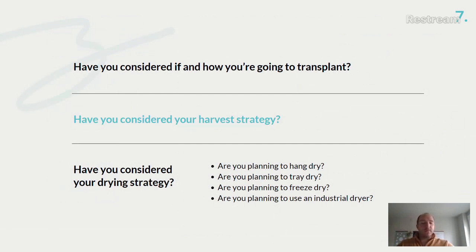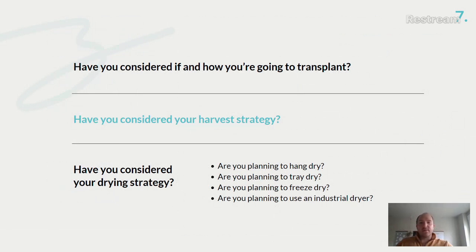If you're going to have certain strains that are harvested at 8 weeks and others that are going to be harvested at 10 weeks, and you're going to grow those in the same room, how are you going to be harvesting them? Are you going to harvest half the room at one time, come back later, and then harvest the additional room? Understanding that for 2 weeks or so, you're growing the floor in half your room.